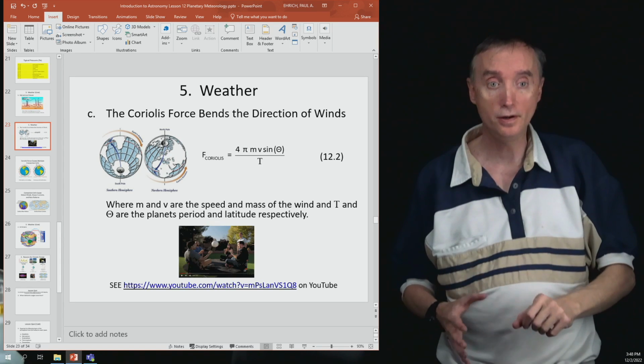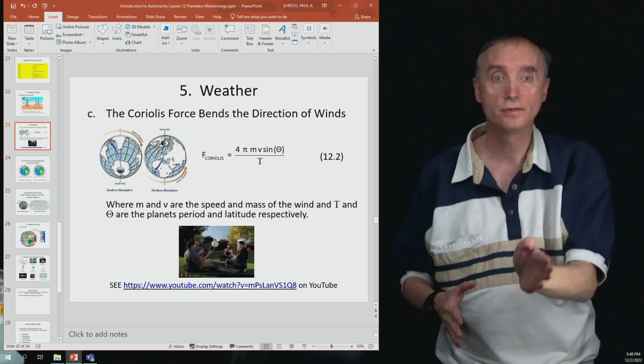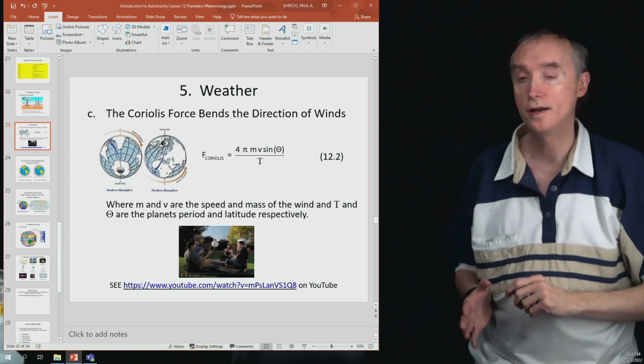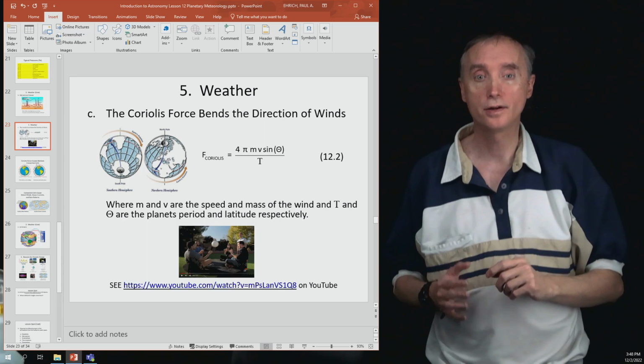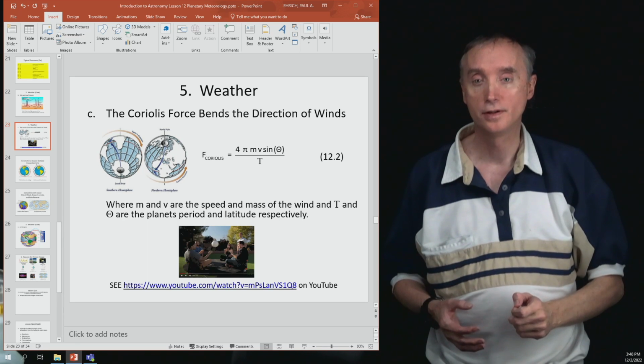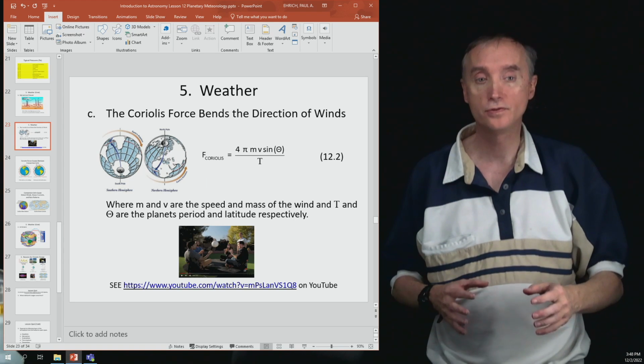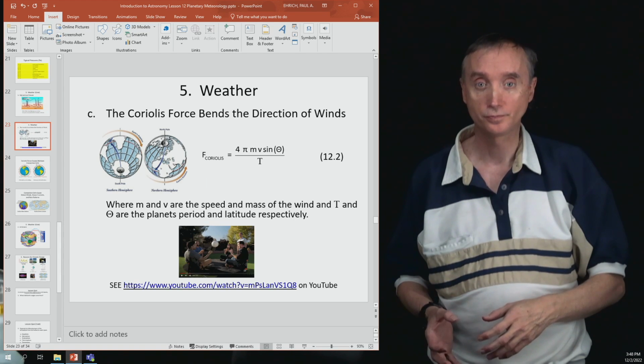So then it would appear that that wind is going to veer off course. In the northern hemisphere, winds are going to bend to the right. In the southern hemisphere, winds are going to appear to bend to the left.